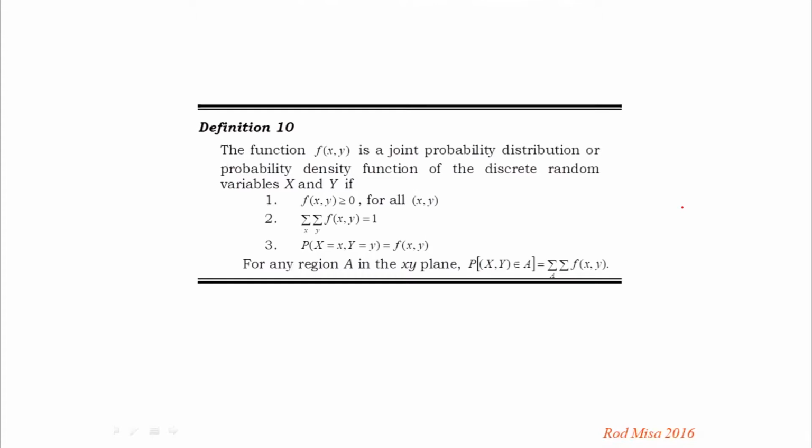Number 3, the probability that the random variable X has value x and the random variable Y has value y is equal to the joint probability function f(x,y) for any region A in the xy plane, where A is the set of all possible pairs of the random variables X and Y.